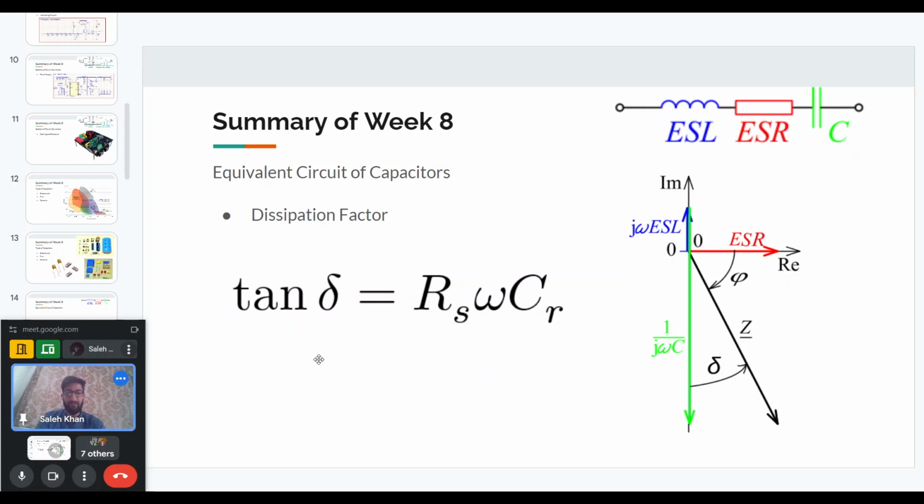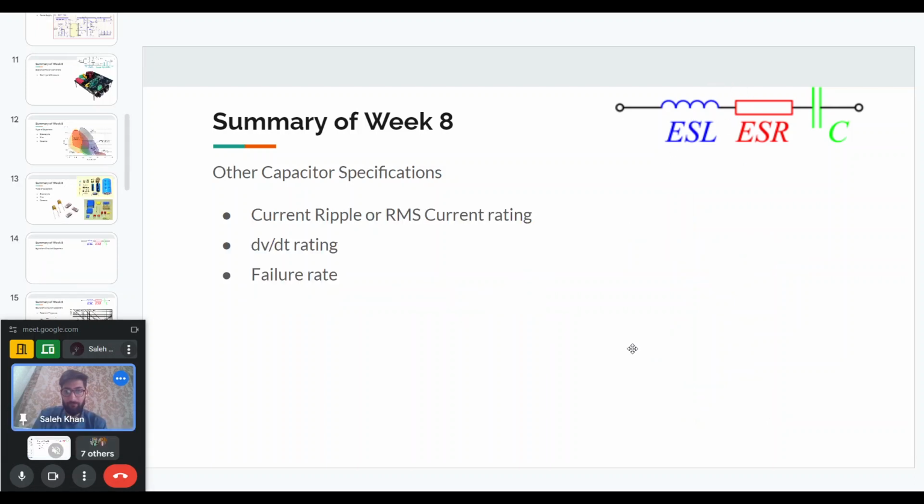So if the dissipation factor tan delta is given in the data sheet and you know the capacitance value, then you can find the resistance at different frequencies. This is usually, or sometimes, given in the data sheets of the capacitor, or sometimes they actually give the ESR directly. And they can also give the nominal ESL of different capacitors.